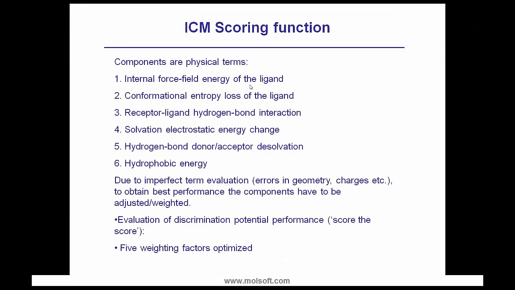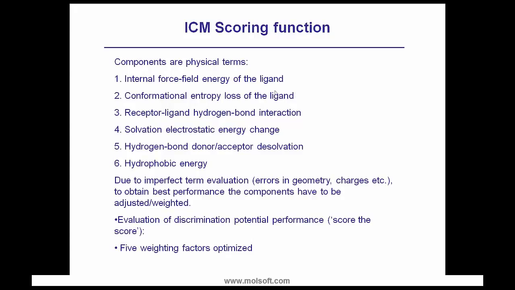In virtual screening, you need some kind of scoring function in order to differentiate binders from non-binders. In ICM we have a variety of different physical terms, such as the internal force field energy of the ligand, and the conformational entropy loss of the ligand from being free outside the pocket to being inside the pocket.